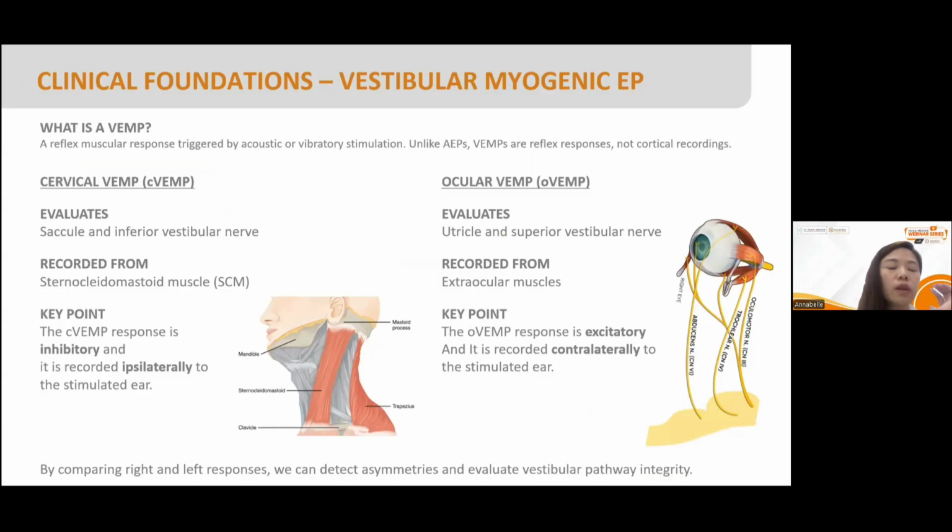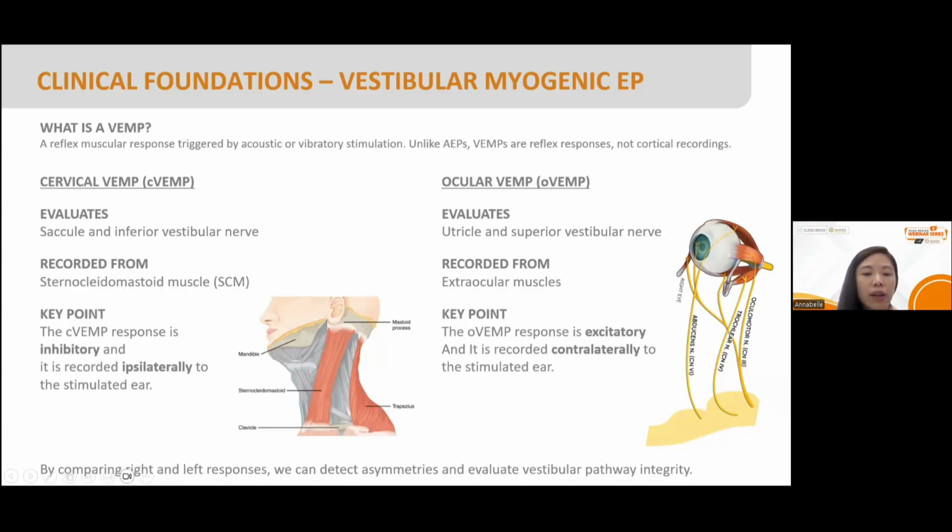Okay. So we talk about the cVEMP and the oVEMP. The cVEMP evaluates the saccule and the inferior vestibular nerve. For both VEMPs, we check the vestibular nerve, okay? But they are different VEMPs. The first one is the cervical VEMP. We check the sternocleidomastoid muscle, or SCM for short.